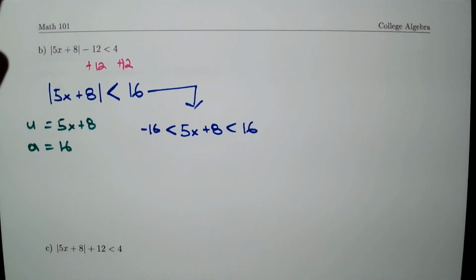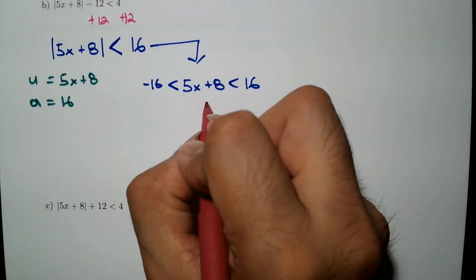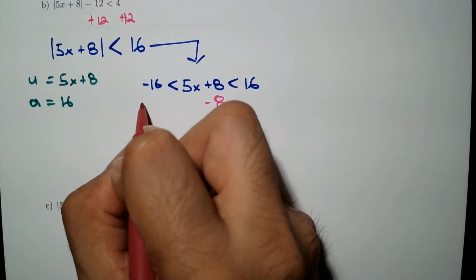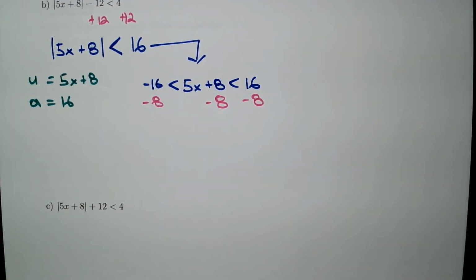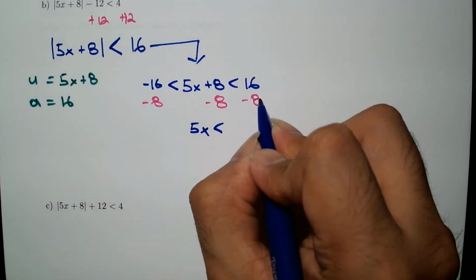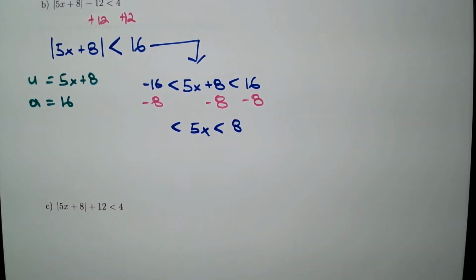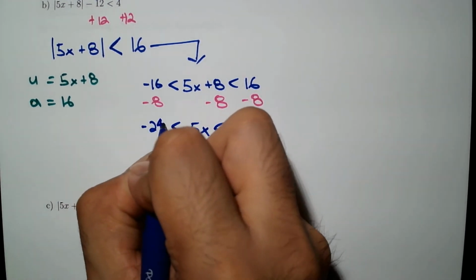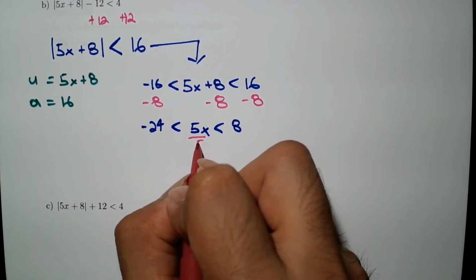Right, so we're good to go here and solve the inequality. Subtract 8 on the 3 sides of the inequality to get 5x less than 16 minus 8, which is 8, and greater than negative 16 minus 8, that is going to be negative 24. The last thing we need to do is divide all 3 sides by 5.